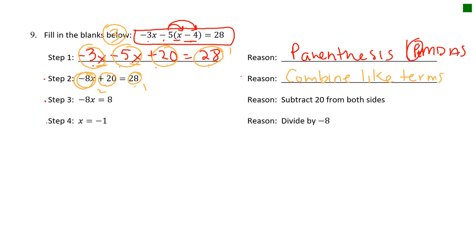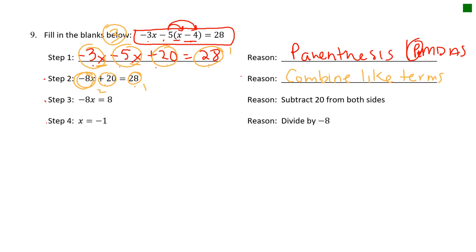Okay, that's how I got negative 8. So that's all you have to do, fill in the blanks. Obviously you have to know what's the very first step and then see what changed from the first step to the second, or from the second to the third, and so on.